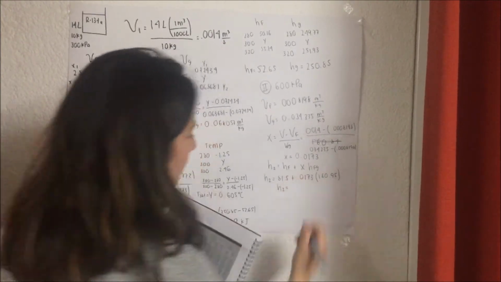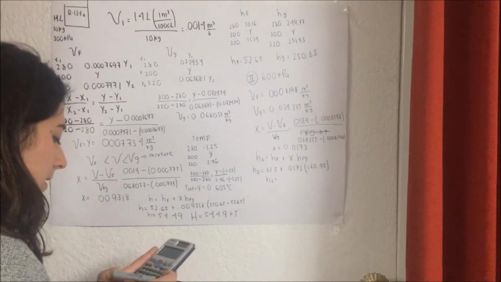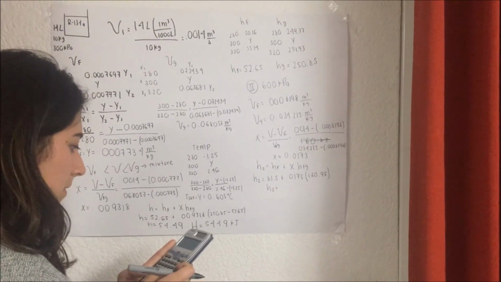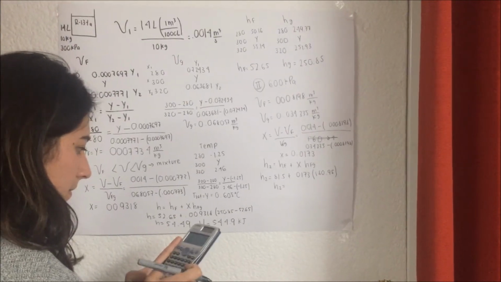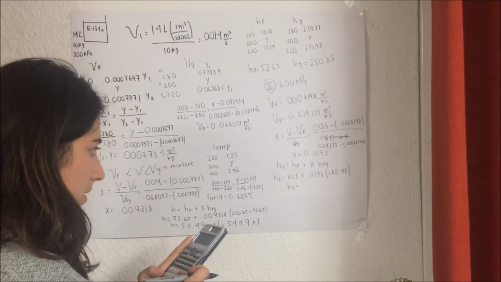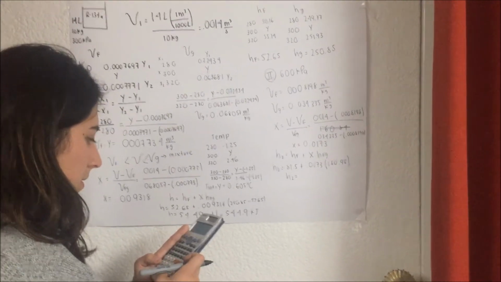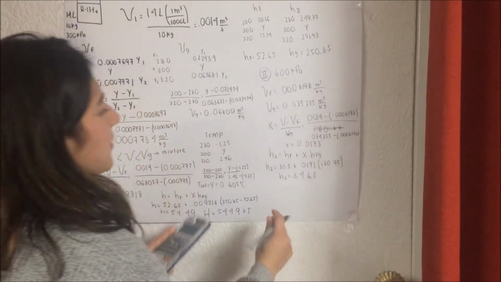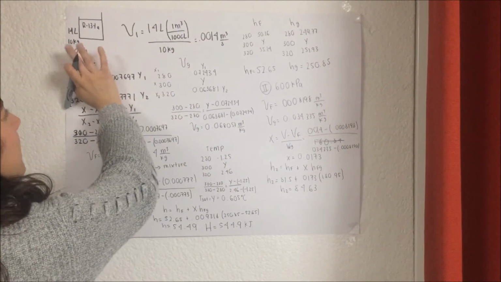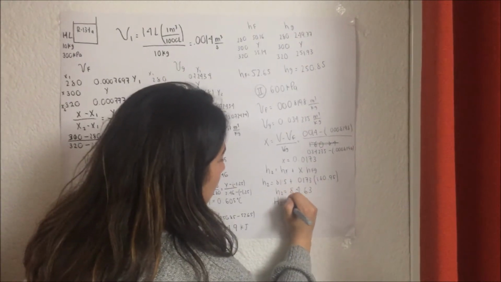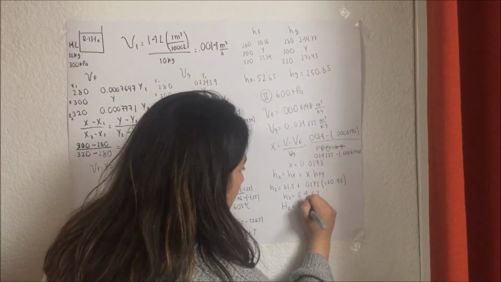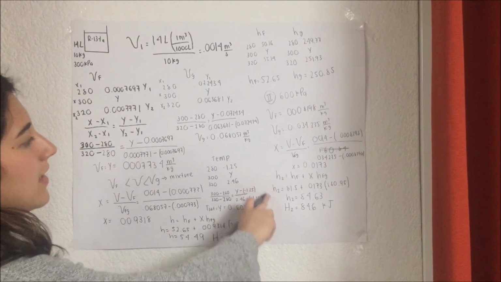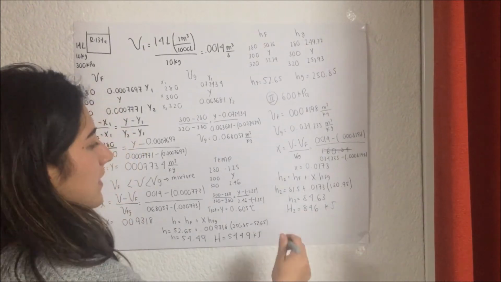So our h2 equals 84.73, but we have to multiply it times the mass. So our enthalpy equals 846 kilojoules.